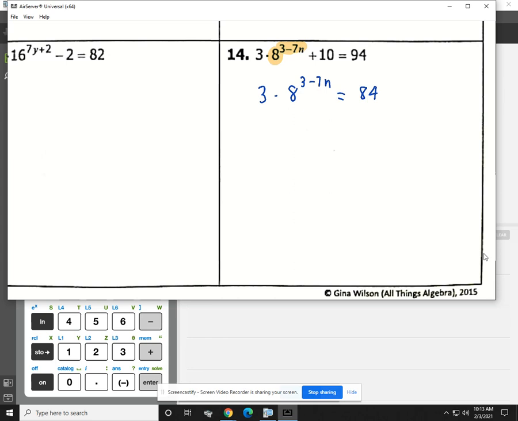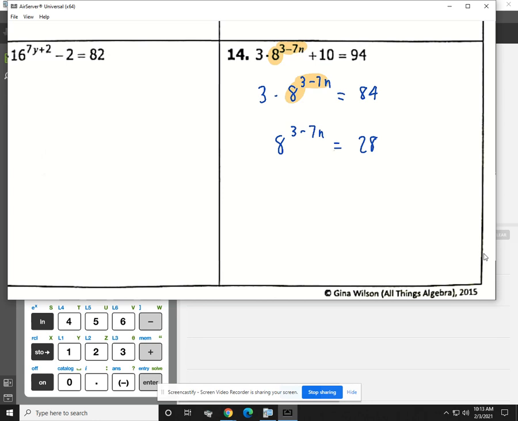Am I isolated yet? No, I still got to get rid of that 3. How? You divide by 3. So 8 to the 3 minus 7n power will equal, what's 84 divided by 3? 28. Okay, now, do I have it isolated?